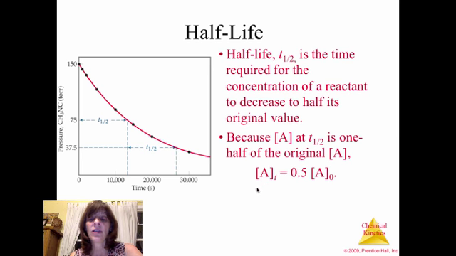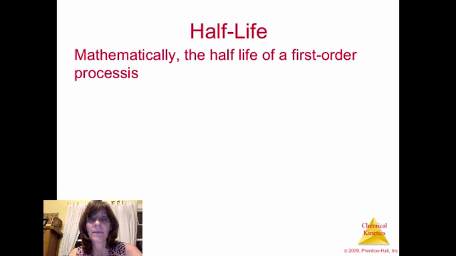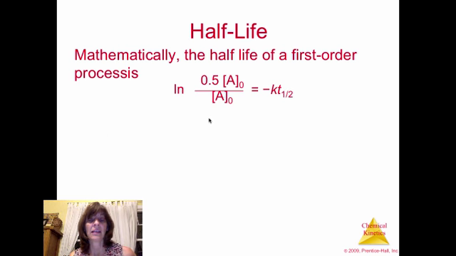So in that way, you can do some substitutions and make some generalizations about half-life. Mathematically, for the half-life of a first order process, 0.5 of the original concentration over the original concentration, take the natural log of that, equals negative k times t half.